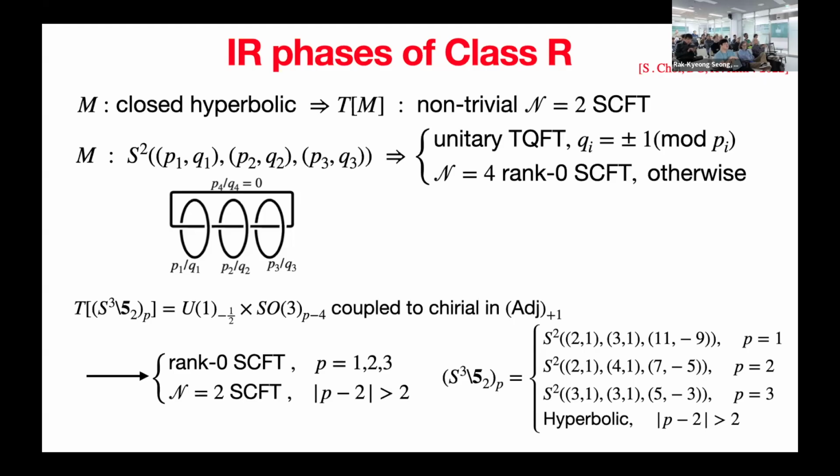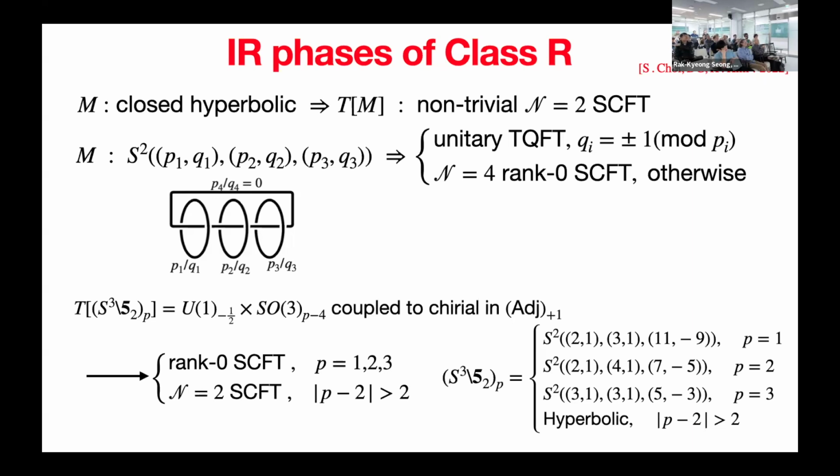For general closed hyperbolic manifolds, in this paper we argue that this theory always flows to a non-trivial N=4 CFT. Although it could be possible that this theory has experienced non-trivial SUSY enhancement to N=4, generally we don't expect to get any TQFT. It doesn't have any mass gap.